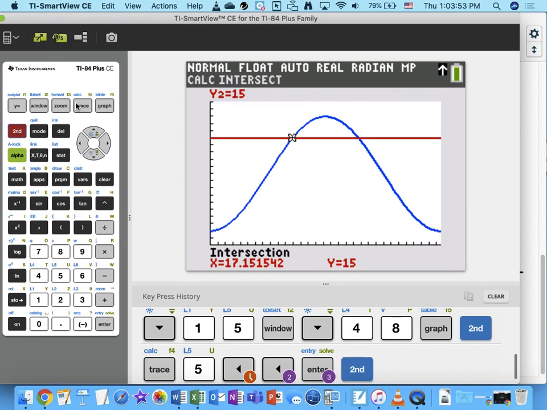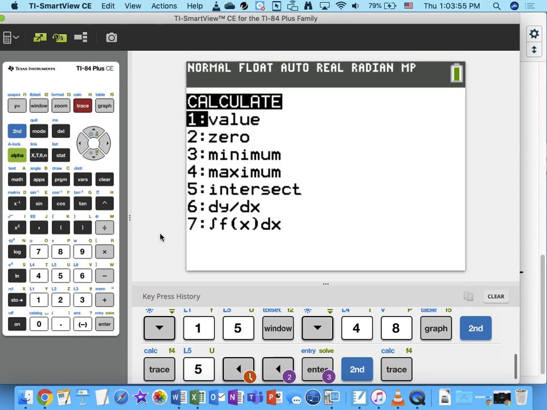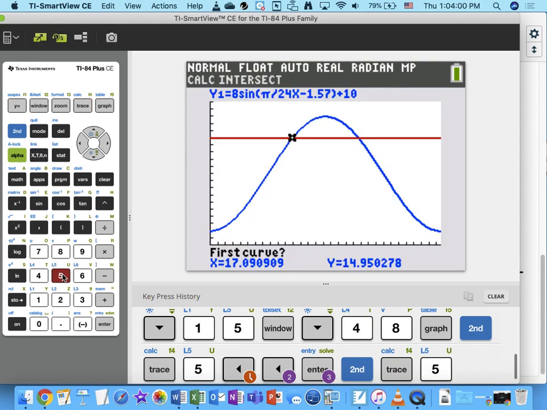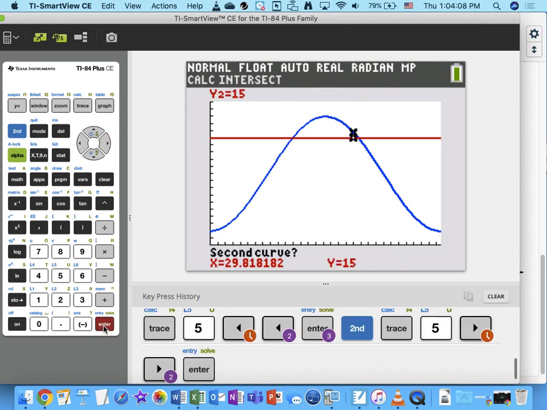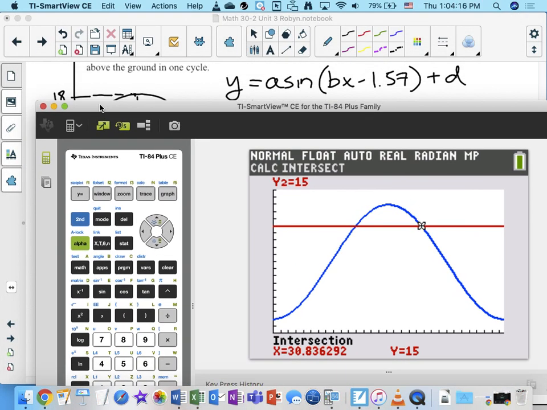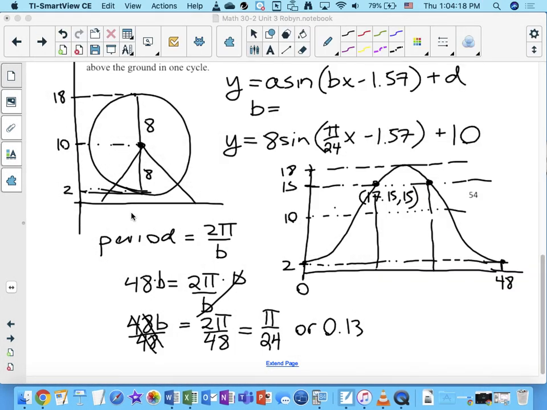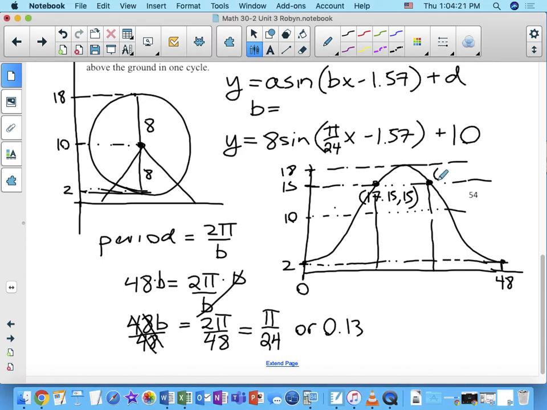You can just put in a y value, it gives you the x value, so that's kind of nice. Those of you with Casios are well ahead of me. Enter, enter, enter. 30.84. Okay. So this is 30.84, 15. Okay. So how would you figure out the amount of time that the rider is above 15 meters?